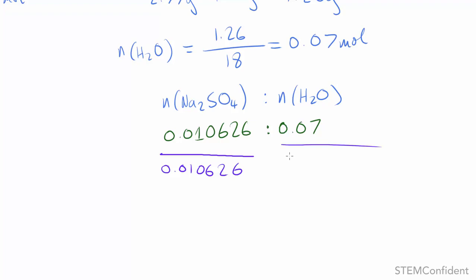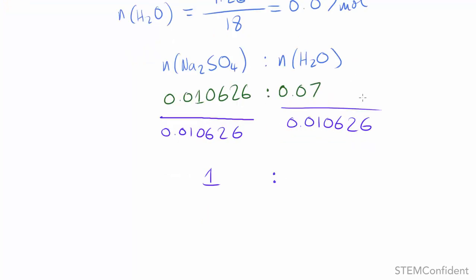So divide that also by 0.010626. And so, of course, on this side, we're going to get 1. And with a calculator, you can work out what the other side is going to be, right? So in this case, it's going to give us 6.5876, at least to 5 significant figures.